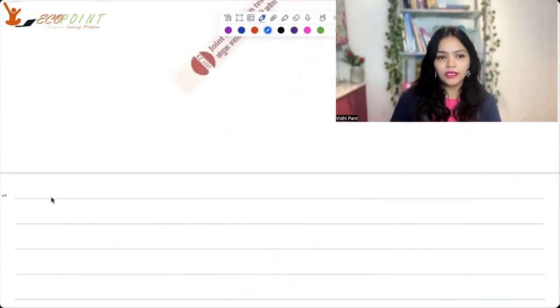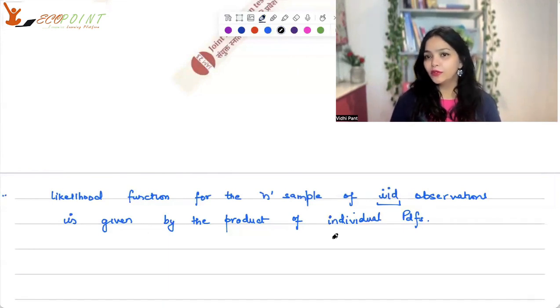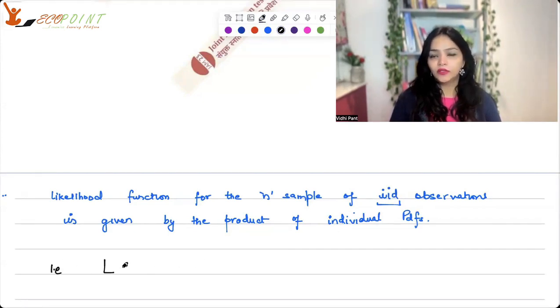So please write down the likelihood function for the n sample of IID observations. IID means identically and independently distributed observations, and the likelihood is given by the product of the individual PDFs. Generally, we write it as L of the parameter lambda, x1, x2, till xn, which is basically the product.